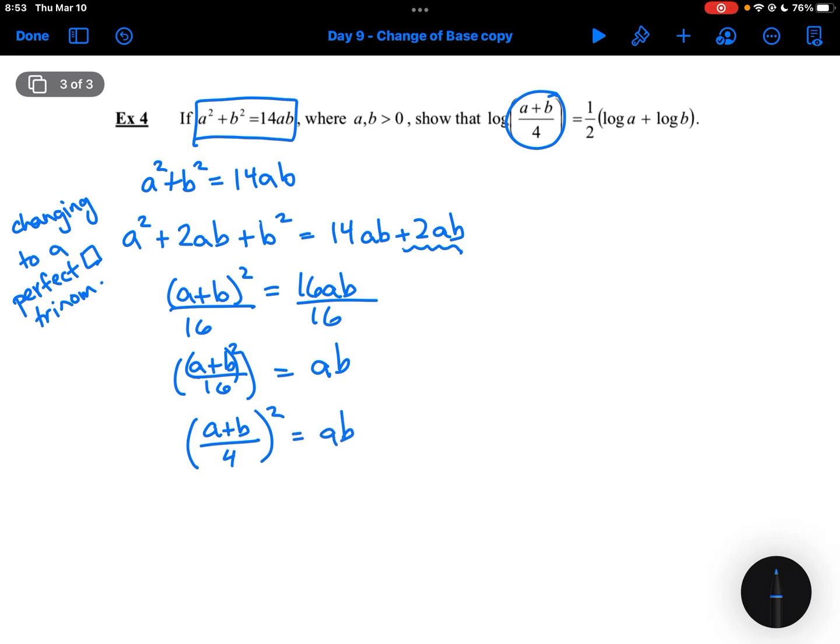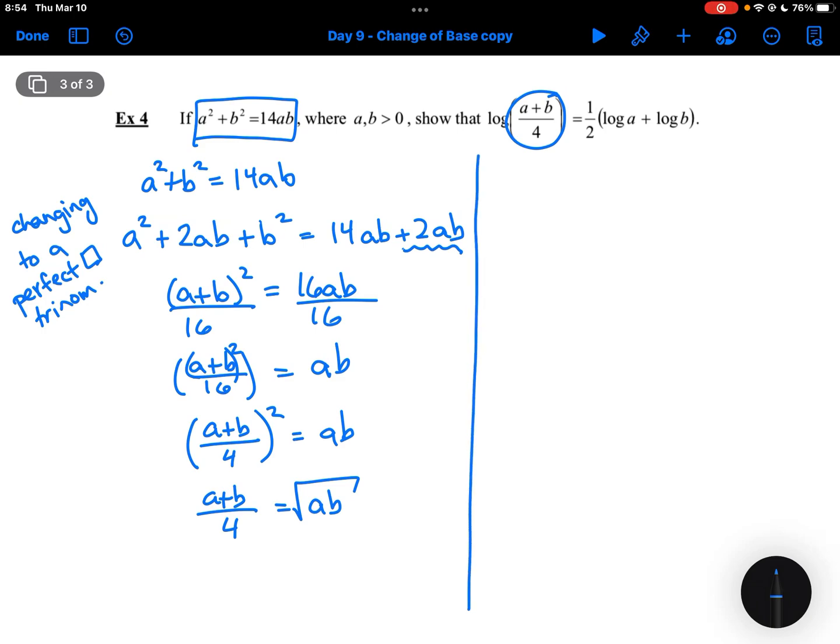So my expressions are equivalent. And now, all of a sudden, I have that a plus b over 4 that I was looking for in the first place. So then I want a plus b over 4 by itself. So I'm going to take the square root of both sides, which means that I've got a plus b over 4 equals the square root of ab.